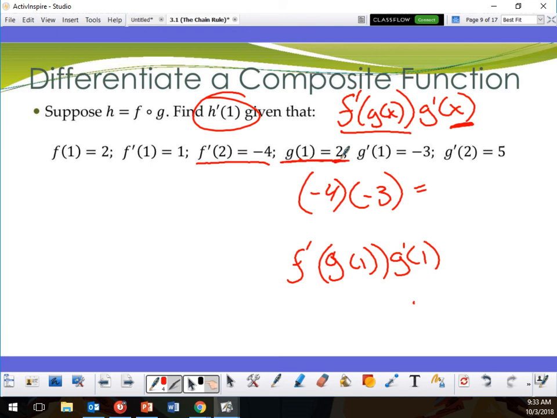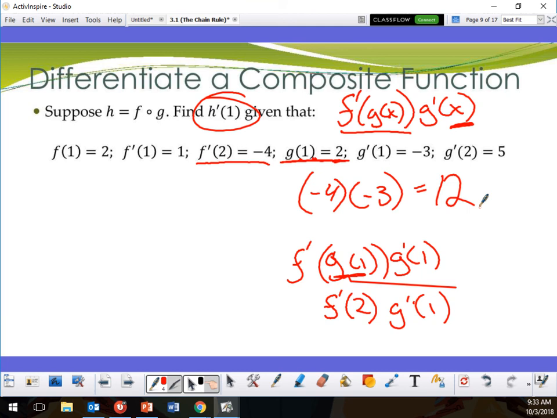So g of 1 is equal to 2, so it's f prime of 2 times g prime of 1. Does that make a little more sense? I did plug in the 1, but because of this, the g prime of 1 is 2. That's the way I have to get this out. So altogether, this whole thing is going to be a positive 12.